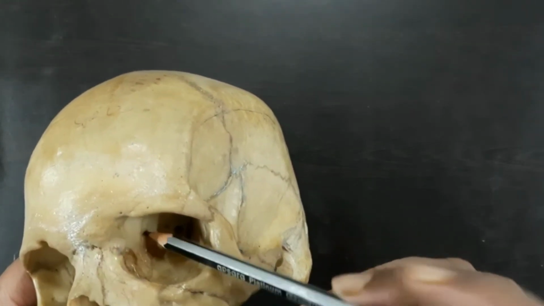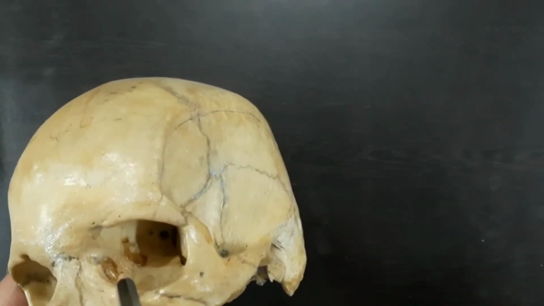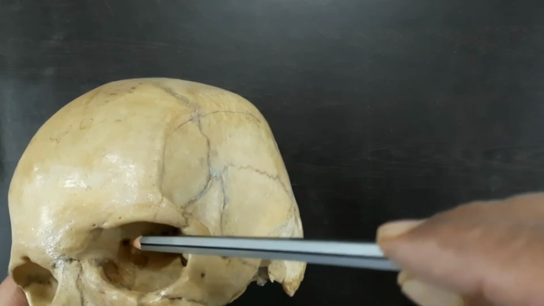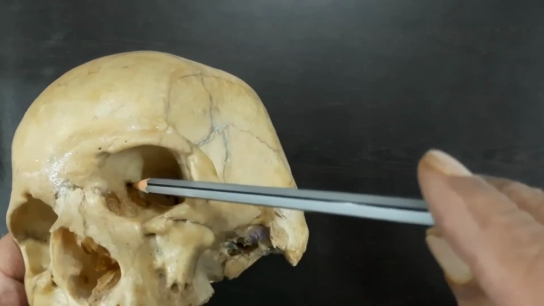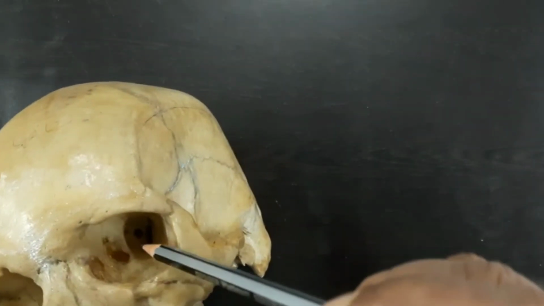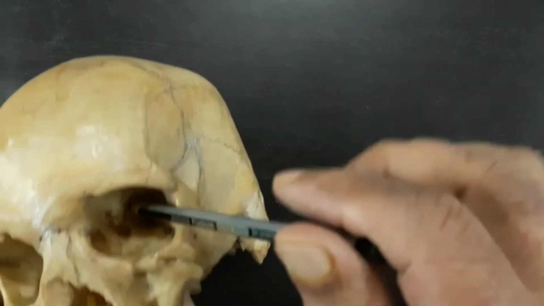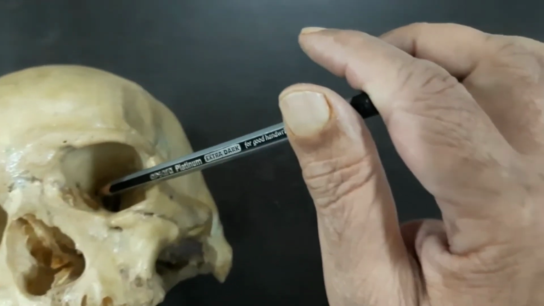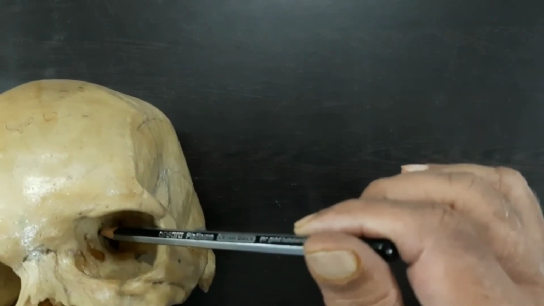I am putting the tip of the pencil in the anterior ethmoidal foramen in the medial wall. This is the anterior ethmoidal foramen, and just posterior to it is this foramen. Yes, this is the posterior ethmoidal foramen.